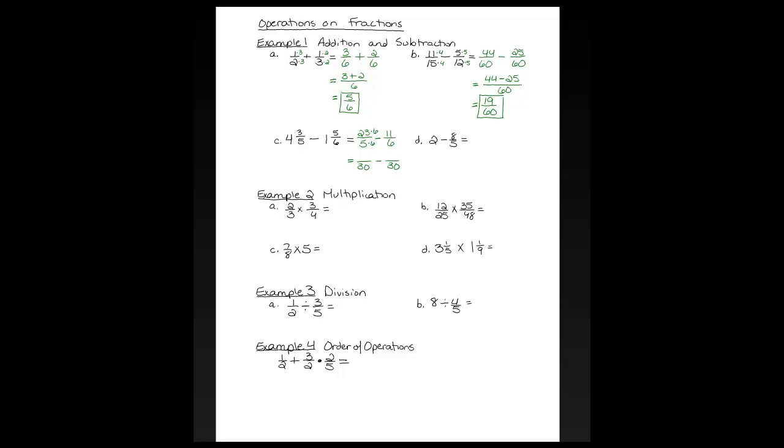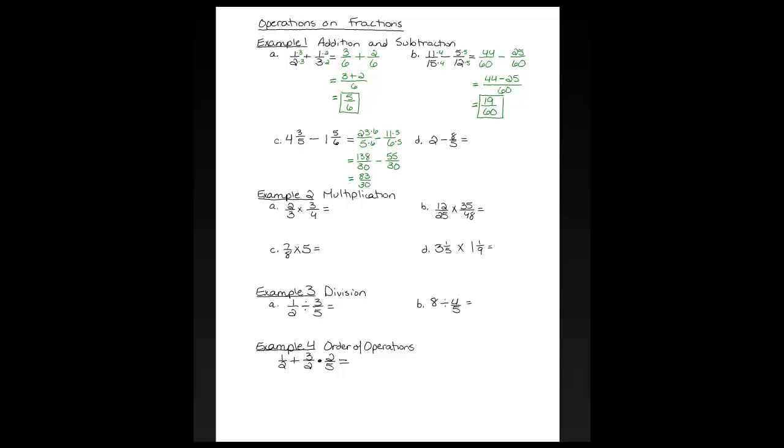23 times 6 gives us 138. And same thing with 11/6. 6 times 5 gives us 30. 11 times 5 is 55. Subtracting, 138 minus 55 gives us 83 thirtieths.